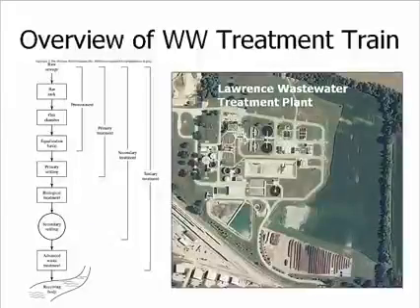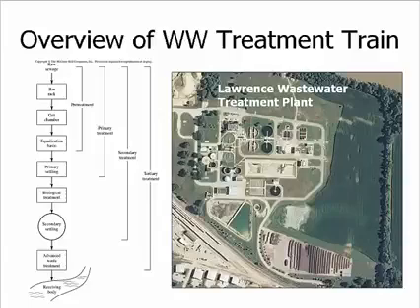So here I'm showing you the flow diagram of the wastewater treatment plant in your textbook. And then I'm showing you an aerial of the Lawrence wastewater treatment plant. Wastewater would come in as raw sewage, and it would pass through a series of pre-treatment steps. These would include a bar rack, a grit chamber, and an equalization basin, if required.